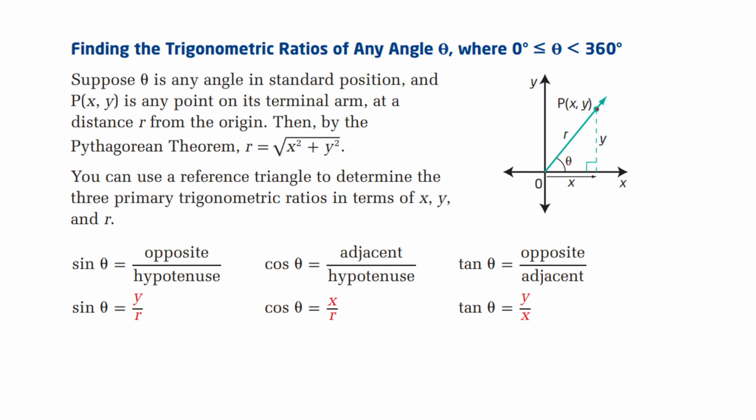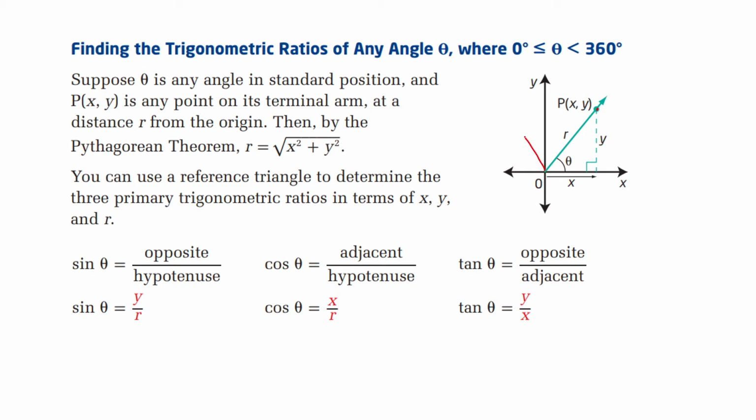So you can use the reference angle to determine the three primary trig ratios in terms of x, y, and r. And by definition here, sine theta is equal to y over r, cosine theta is equal to x over r, and tangent is y over x.